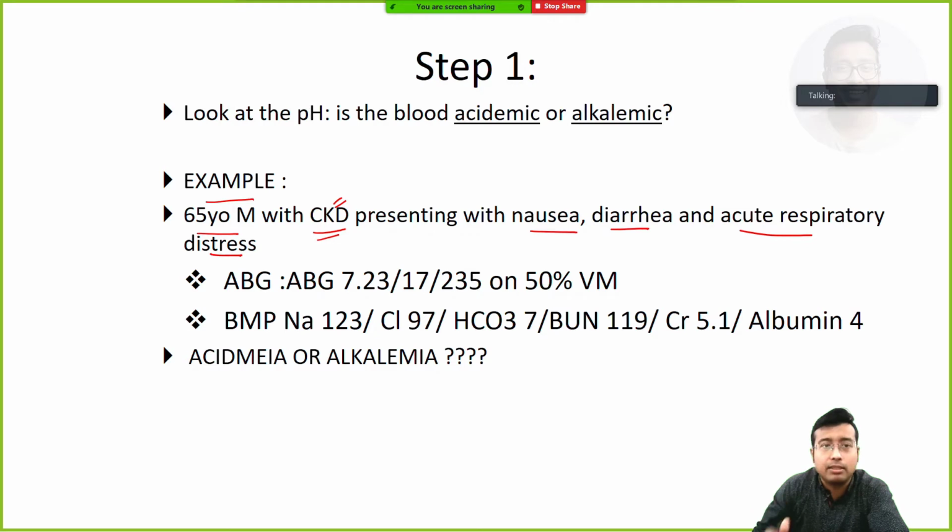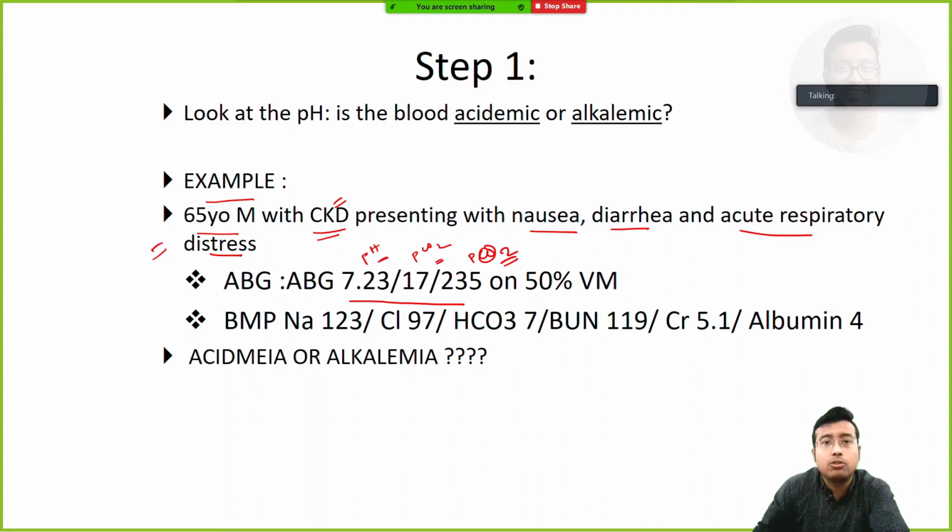These are his complaints. We ordered an ABG. The ABG shows values written in slashes. The first one always indicates pH, the second denotes PCO2, and the third denotes bicarbonate. This is PO2.